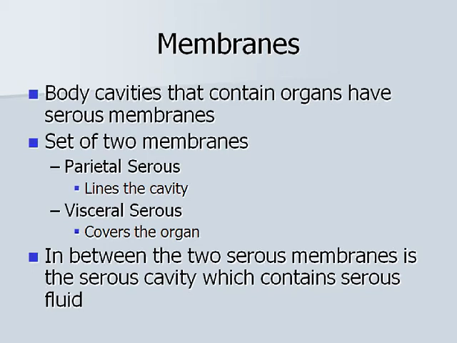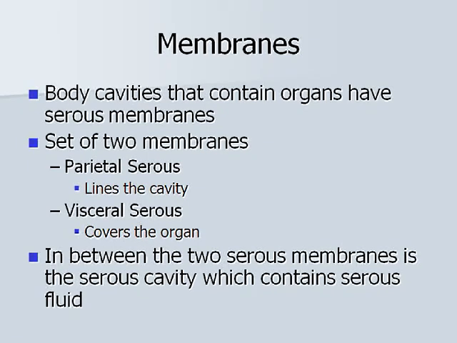So membranes and cavities have a unique relationship. Your body cavities contain organs. This is not necessarily true in your nasal cavity because there are no organs in there. But it is true of your abdominal cavity and your thoracic cavity. They have what are called serous membranes.